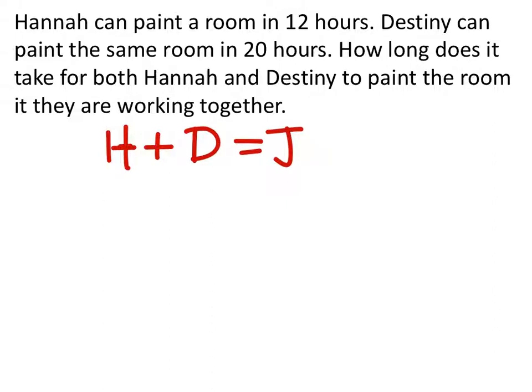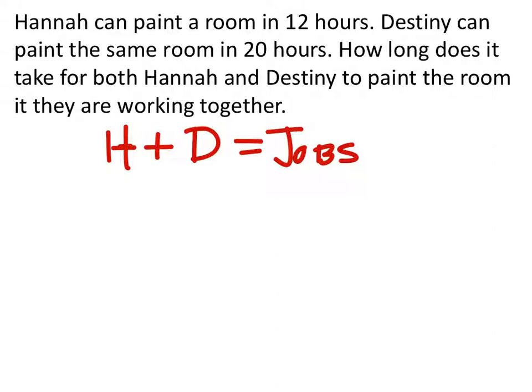Now, what we know about Hannah is that Hannah can paint a room in 12 hours, whereas Destiny will paint the same room in 20 hours. Now, I'm looking for jobs here, or rooms. I guess they're kind of work examples, so I'm using jobs on this.